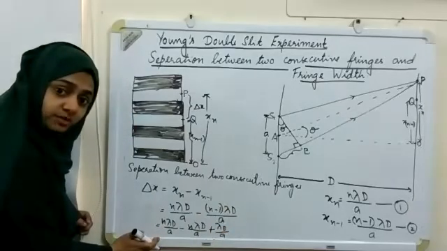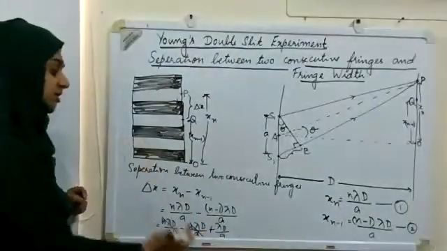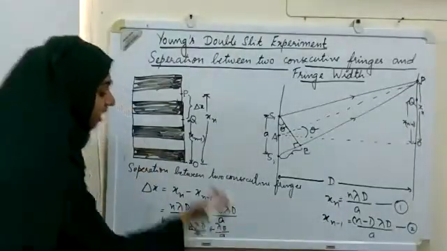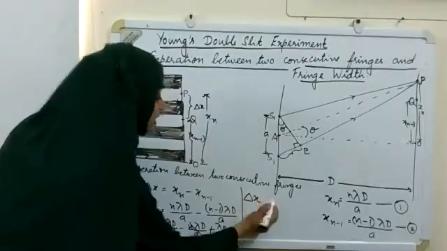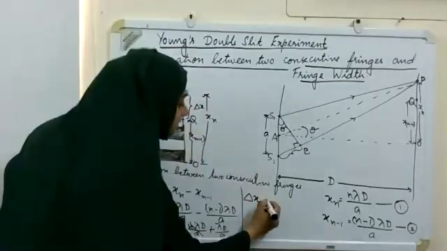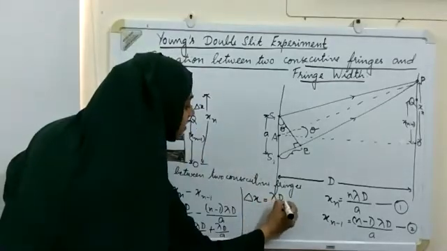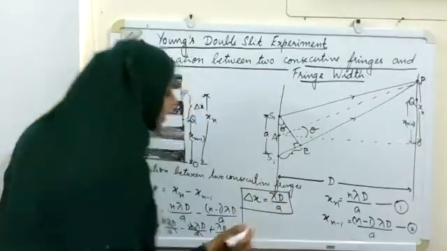So n lambda d by a minus n lambda d by a, they get cancelled. So what remains is lambda d by a. So I have delta x, or the separation between two consecutive fringes, is equal to lambda d by a. What is lambda?